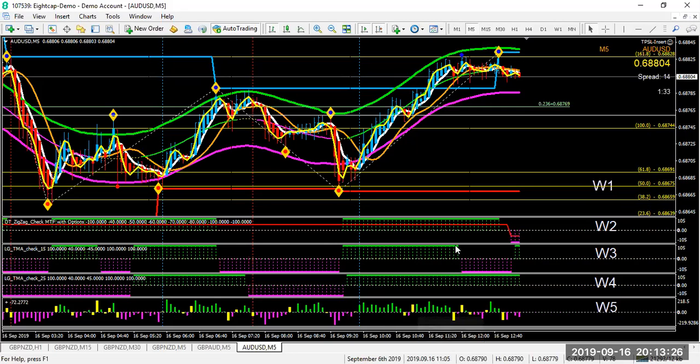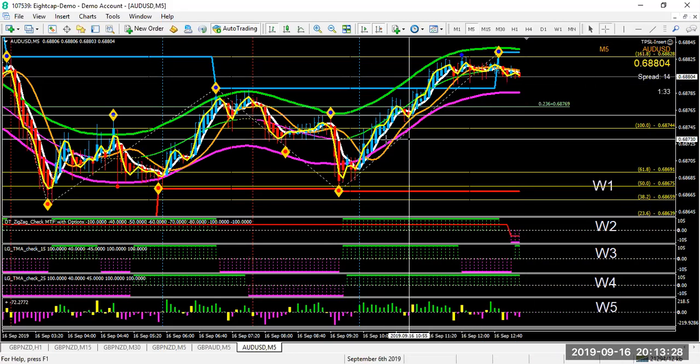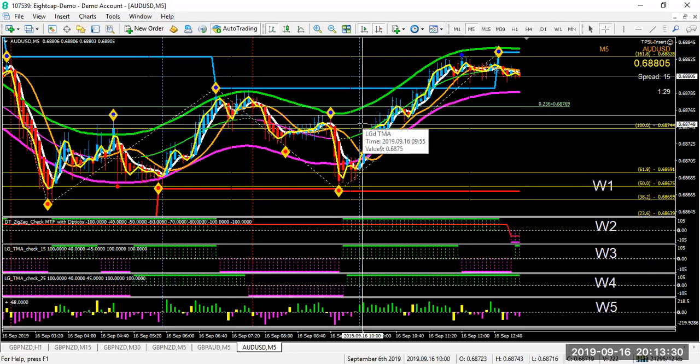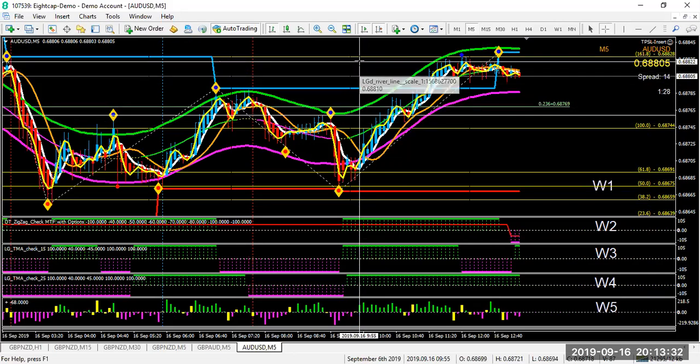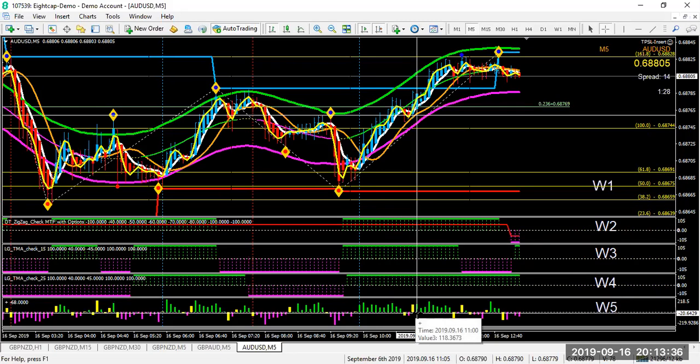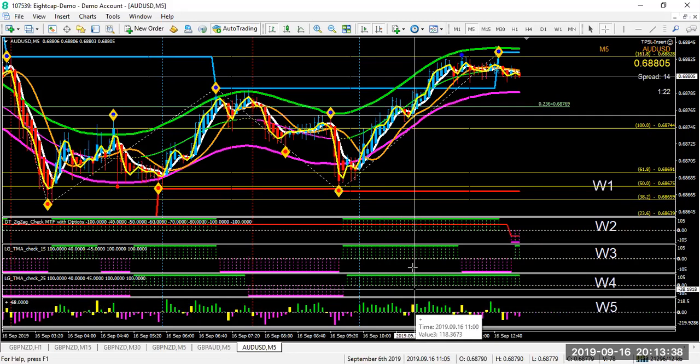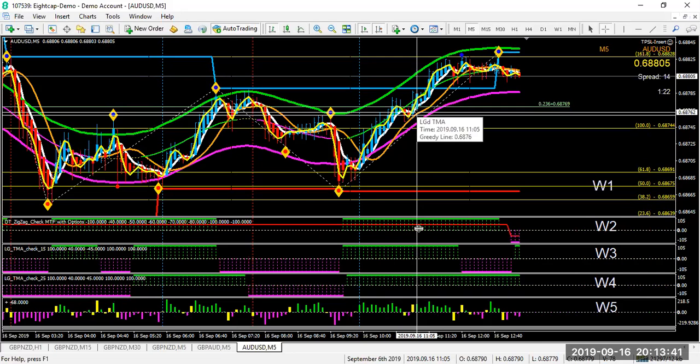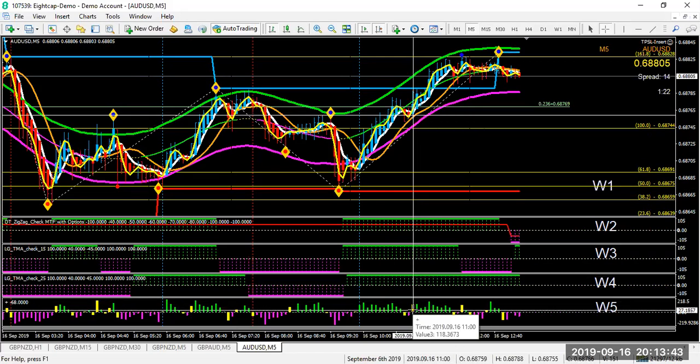Okay. So, and once again, with that confirmed, we look up to see where it could hit, and re-entries would be signaled by window 5.